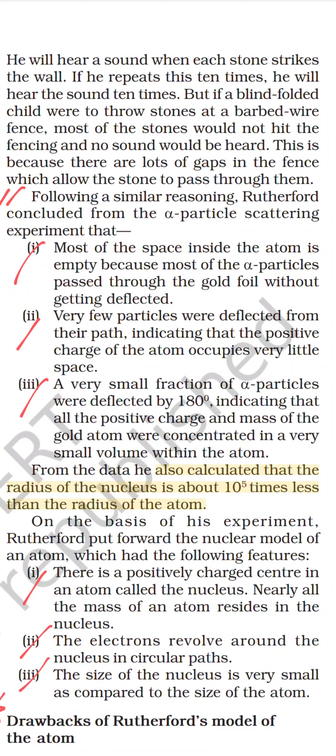Second, very few particles were deflected from their path, indicating that the positive charge of the atom occupies very little space. Next, a very small fraction of alpha particles were deflected by 180 degrees, indicating that all the positive charge and mass of the gold atom were concentrated in a very small volume within the atom.